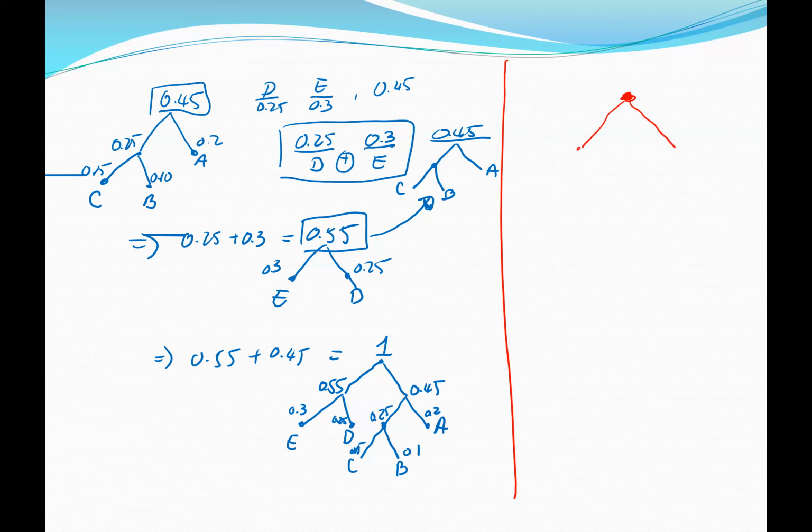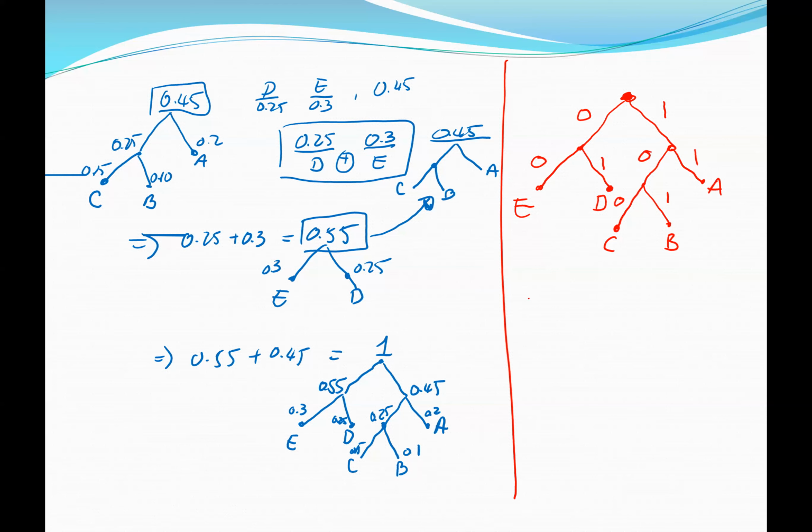So this one is E, this one is D, this one is C, this one is B, and this one is A. And this is still 0, 1, 0, 1, 0, 1, and then 0, 1.